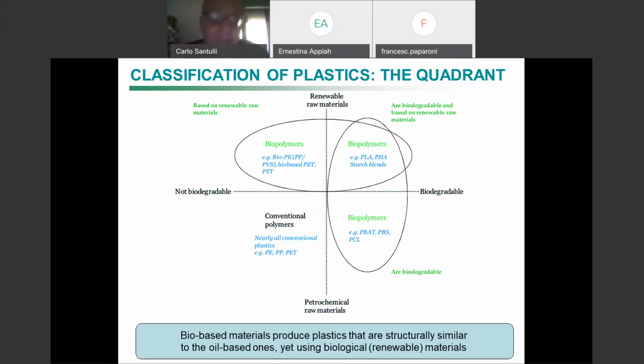So why not use other materials, for example, materials obtained from agriculture, to produce plastics? I would like to obtain the same plastics, so polyethylene, polypropylene, polyethylene terephthalate, because I'm happy with them.